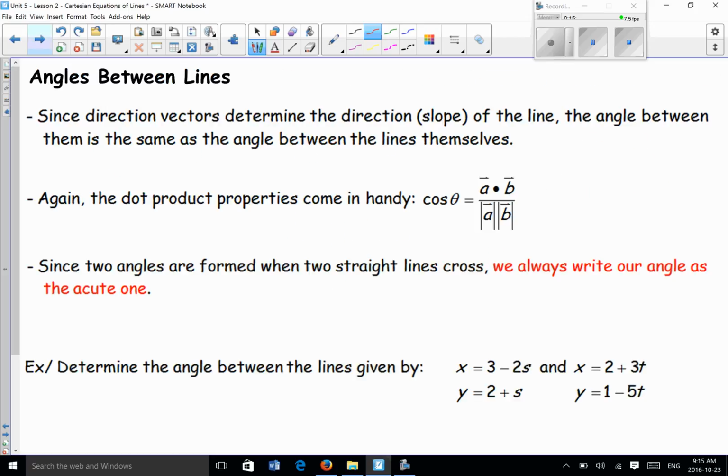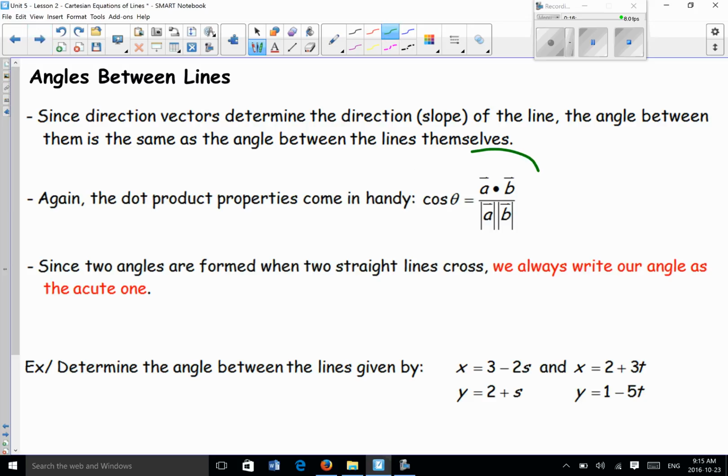Last idea, I want to sometimes look at the angles between our lines. We've talked about R2, R3, and how these vectors move apart from each other. The easiest way to figure out the angle that they meet at is to figure out the angle between either the direction vectors or the normal vectors. Either way, you can get the same angle. So we're going to go back to dot product for a minute here.